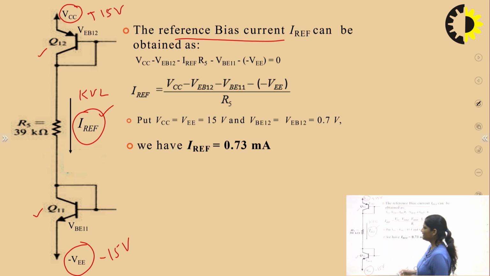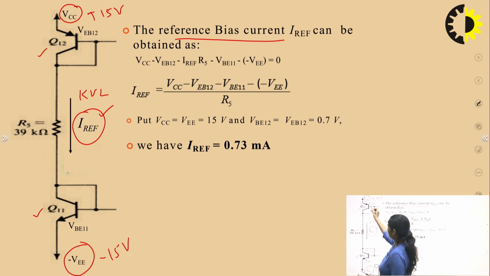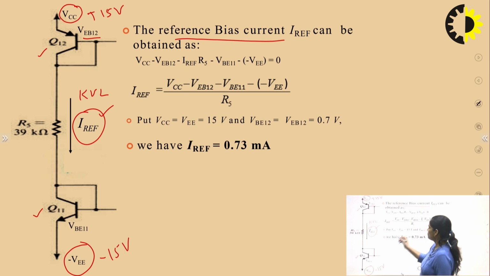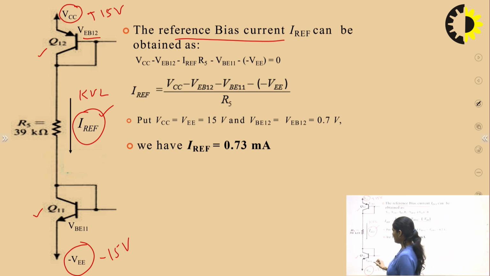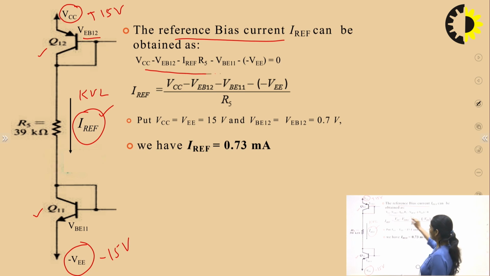When we are applying KVL in this circuit diagram, you will get equation VCC minus VEB12 minus I reference into R5. This is the R5 resistor connected here. Now minus VBE11, so voltage VBE across this transistor Q11, minus VEE. So when we are applying KVL, this is the equation.